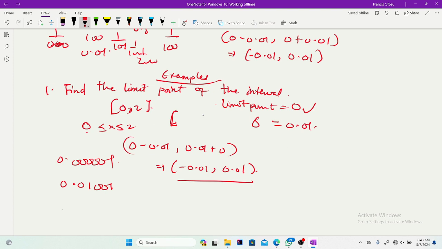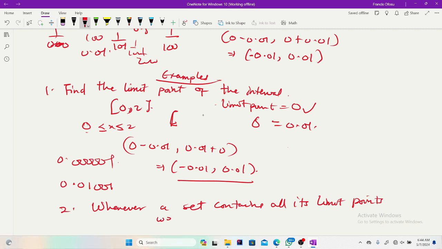Now take note. Whenever a set contains all its limit points, we say that it is a closed set. So a closed set is a set which has all its limit points contained in the set.